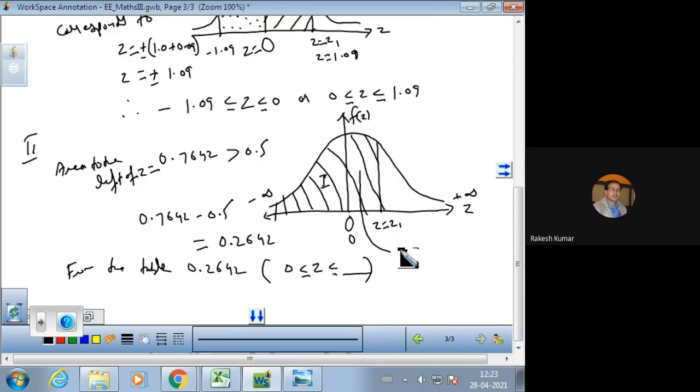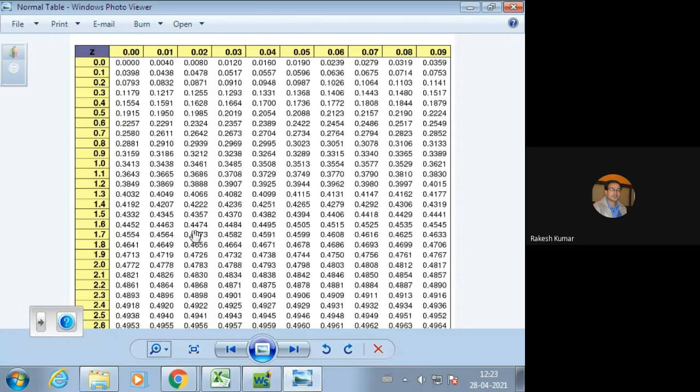This area is 0.2642 और उसके लिए let us move to the table. We have to compute 0.2642. Just see, if you see this value is 0.2642.